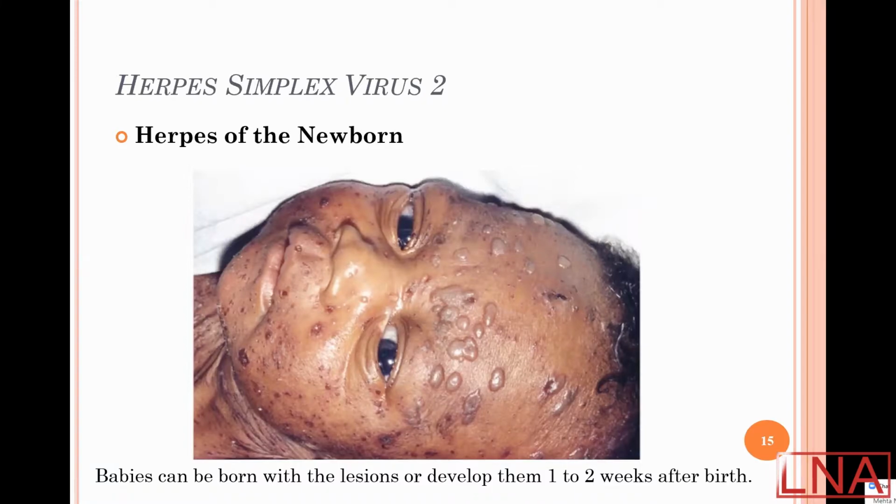It's a very dangerous condition because we know herpes viruses are neurotropic viruses, so they infect nervous tissue. And the immune system of a newborn baby is not able to fight the infection. So the baby can be born with such lesions, or lesions could develop 1 to 2 weeks after birth.